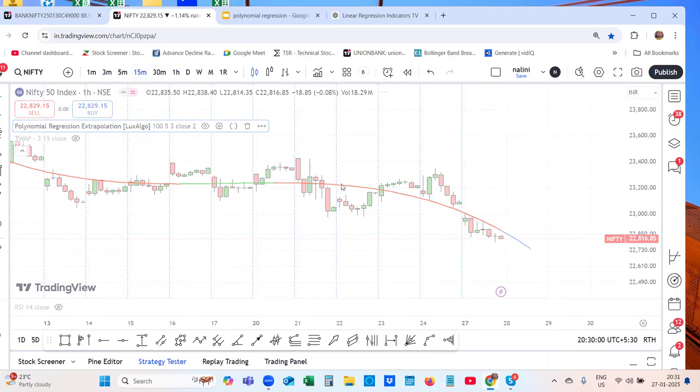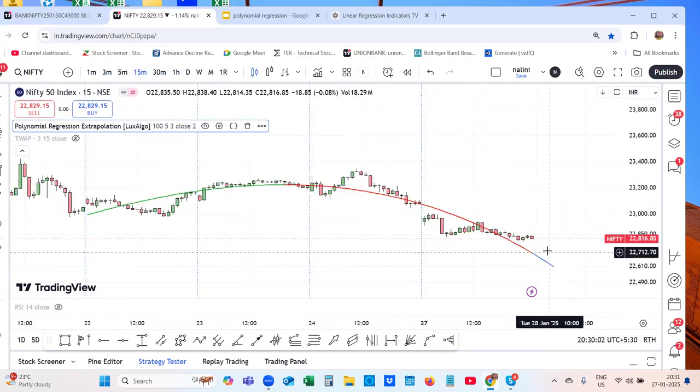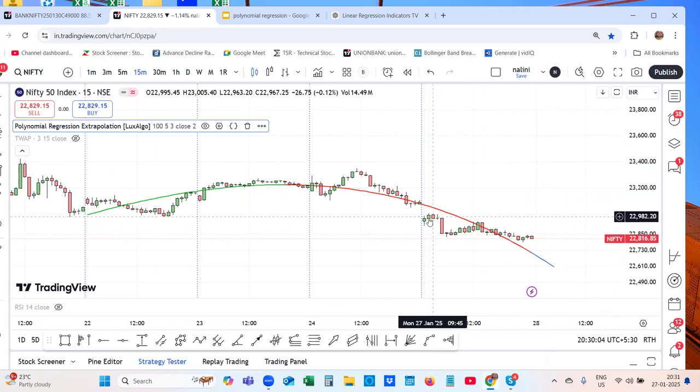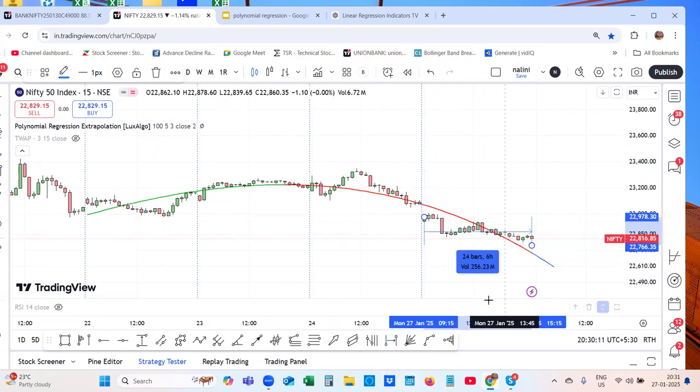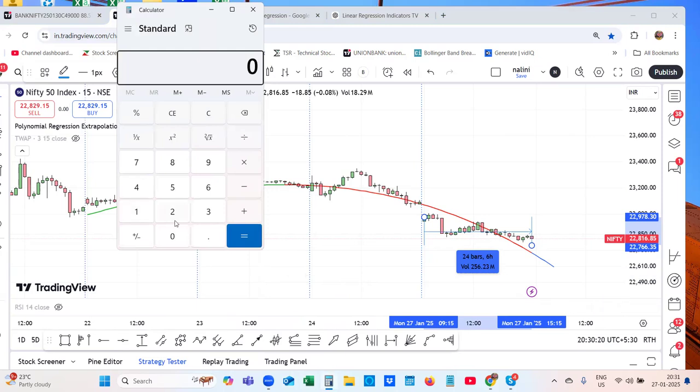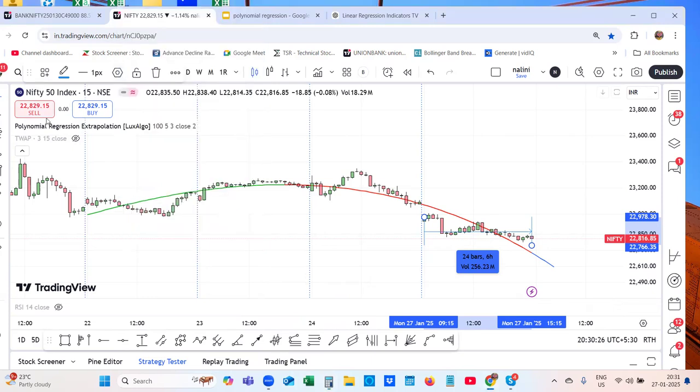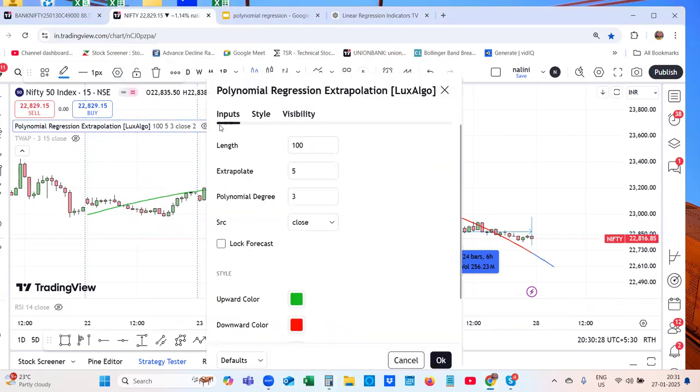In the 15 minutes time frame, on a single day, how many candles are there? 24 bars are there. Suppose if you want 3 days back, 24 multiplied by 3, you will get 72. So you can apply 72.